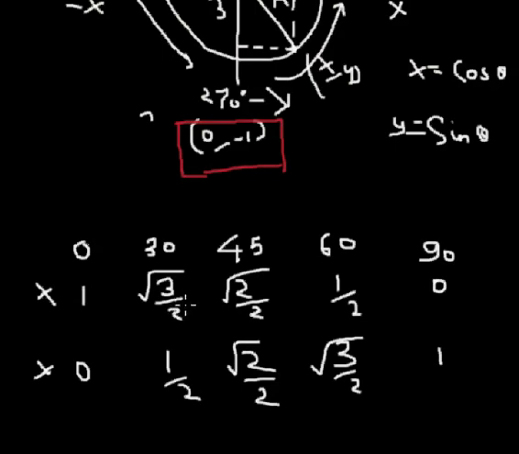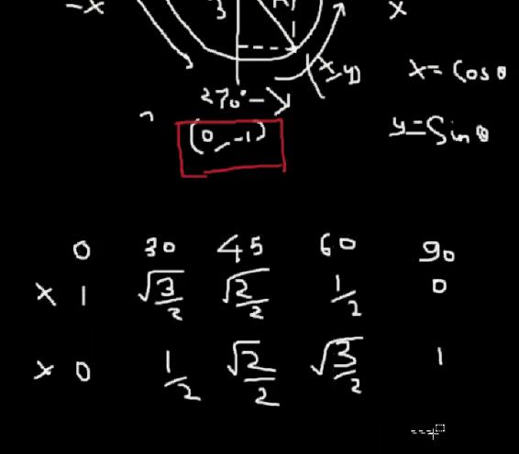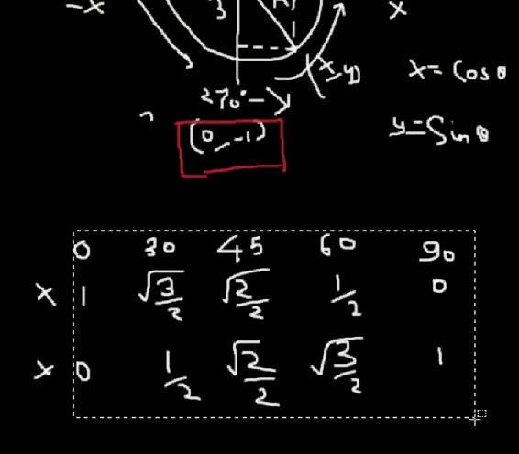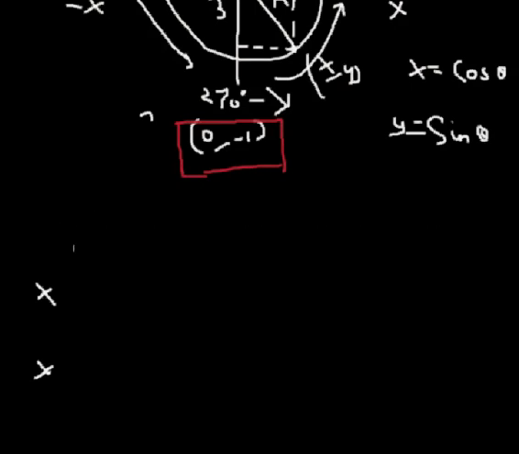This time we are going to find values in the second quadrant. How can we do that? Before we do that, let's remove this. I have to remove this a couple of times, so I hope you don't mind.